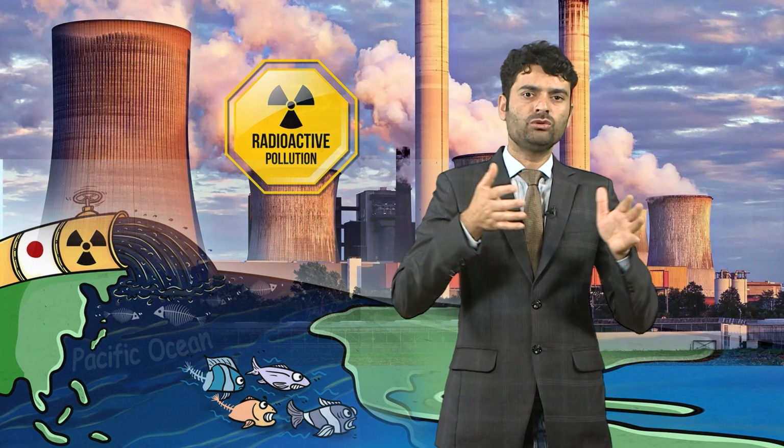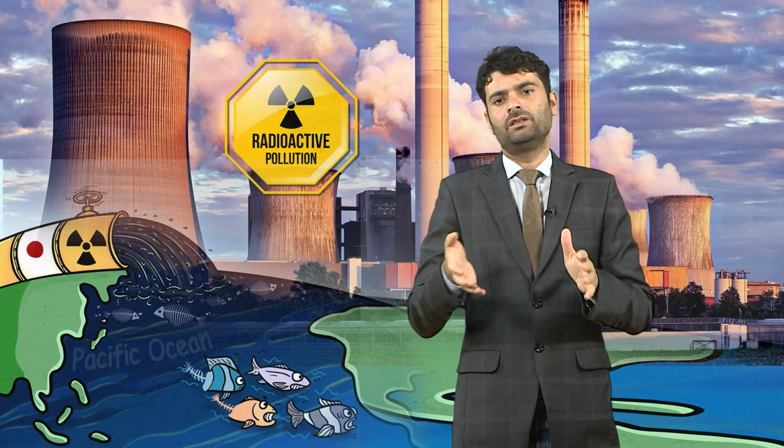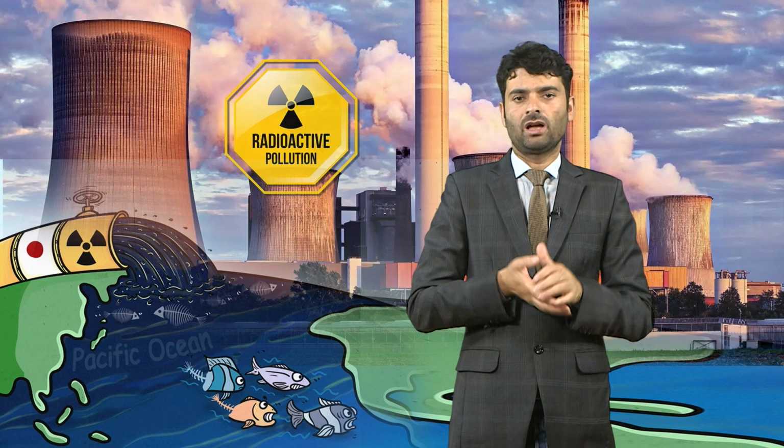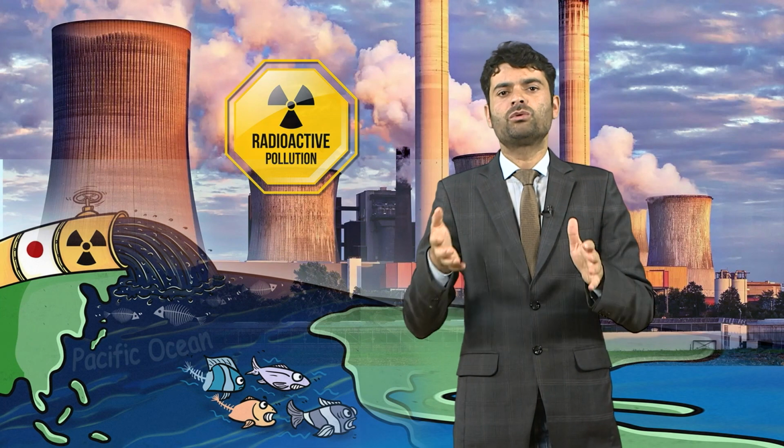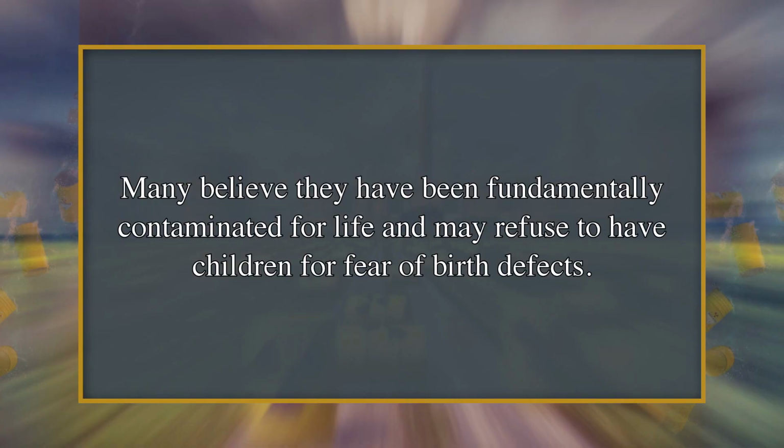People exposed to it are left in anguished uncertainty about what will happen to them. Many believe that they have been fundamentally contaminated for life and may refuse to have children for fear of birth defects.